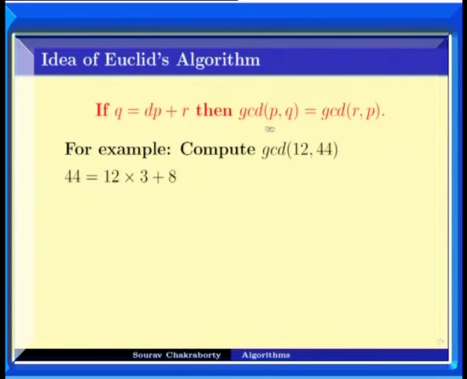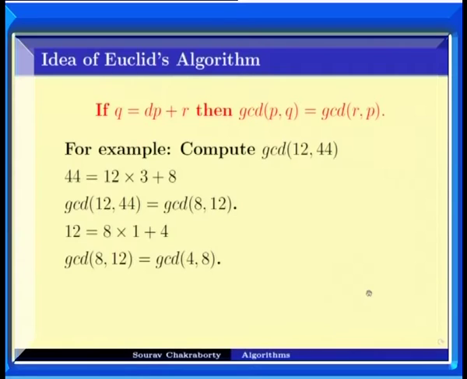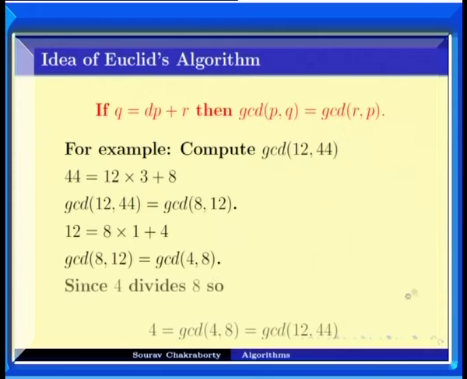Once we write it like this, by this property we have that GCD of 12 and 44 is GCD of 8 and 12, and again we can write 12 as 8 times 1 plus 4, and then again by this property we have GCD of 8 and 12 equals GCD of 4 and 8, and then finally as 4 divides 8, 4 must be equal to the GCD of 4 and 8, which is equal to GCD of 8 and 12, which is equal to GCD of 12 and 44. Thus we get the answer for 12 and 44 as 4.